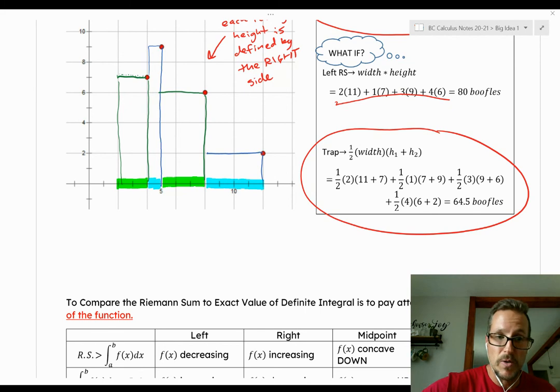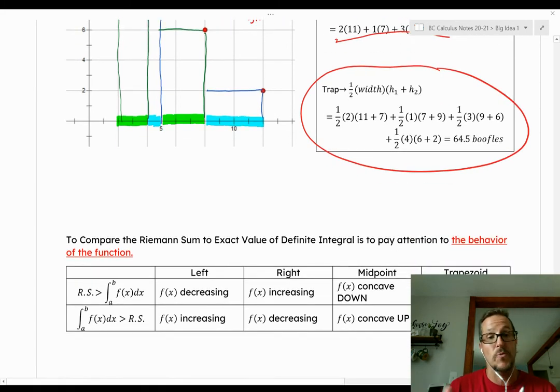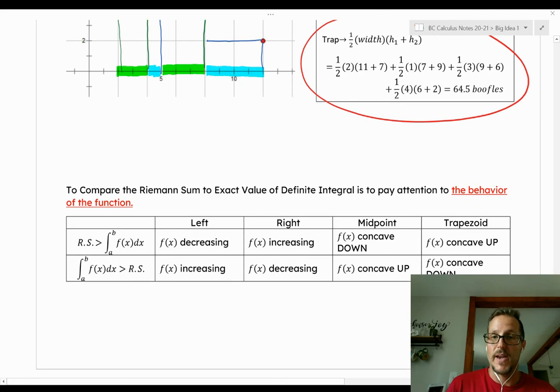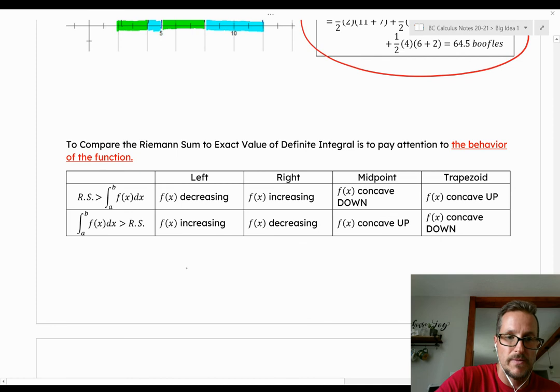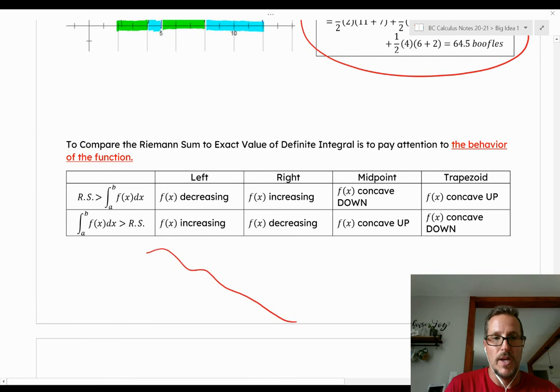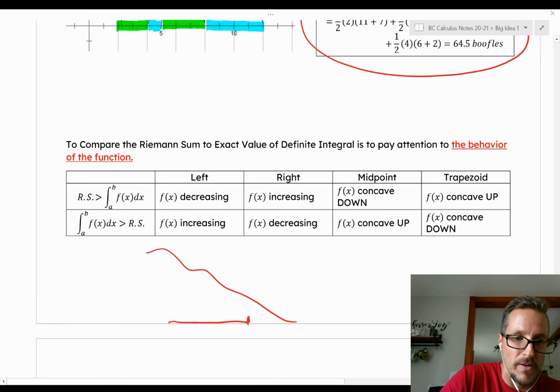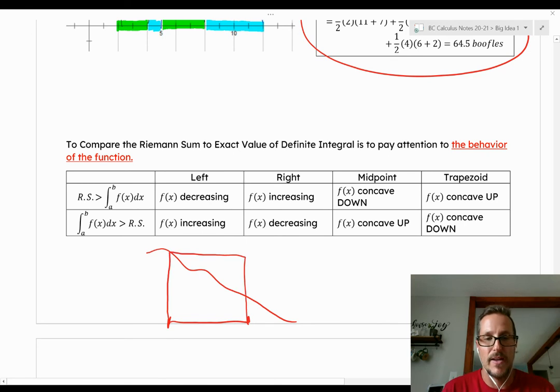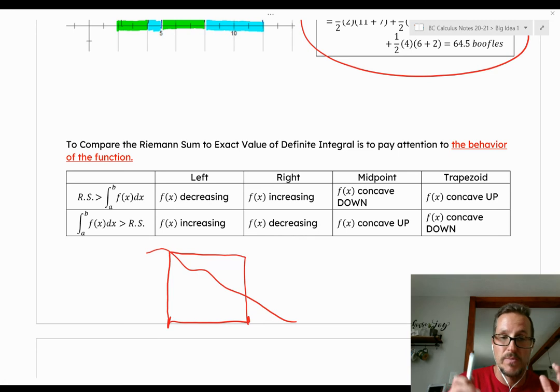Last but not least, we want to be able to compare a Riemann sum's value to a definite integral. So we're going to base that comparison on the behavior of the function. So if a function is decreasing, then on any subinterval, if I define the height of a rectangle on the left side, that rectangle I draw is going to be greater than the actual definite integral value.